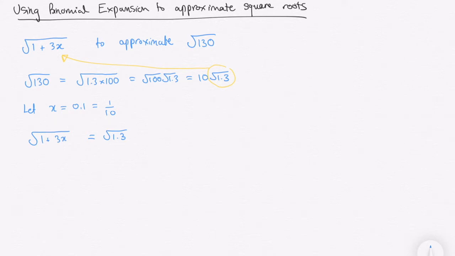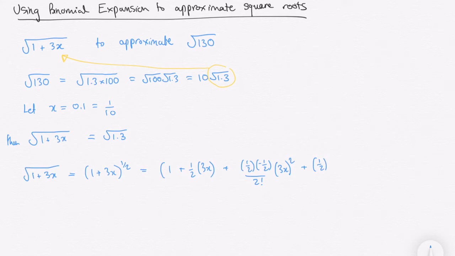Okay, so let's find the binomial expansion of the square root of 1 plus 3x. This is 1 plus 3x to the half. So this is 1 plus a half of 3x plus a half times minus a half over 2 factorial lots of 3x squared plus a half times minus a half times minus 3 over 2 over 3 factorial lots of 3x cubed.